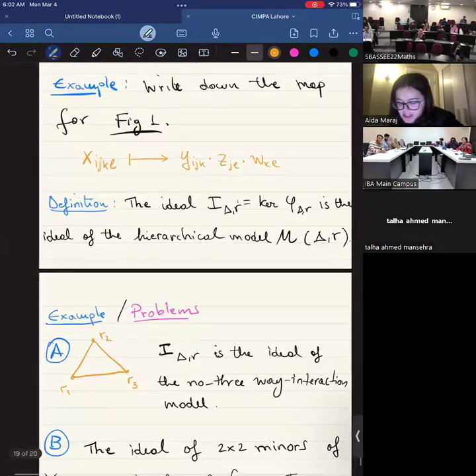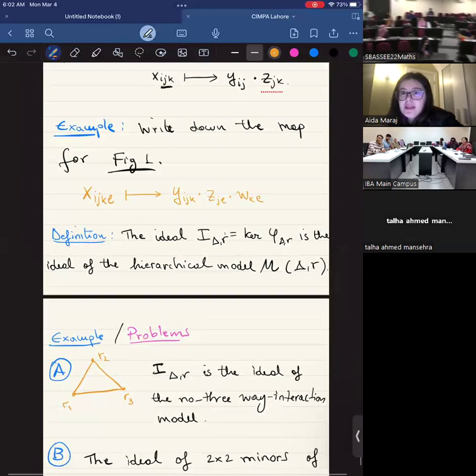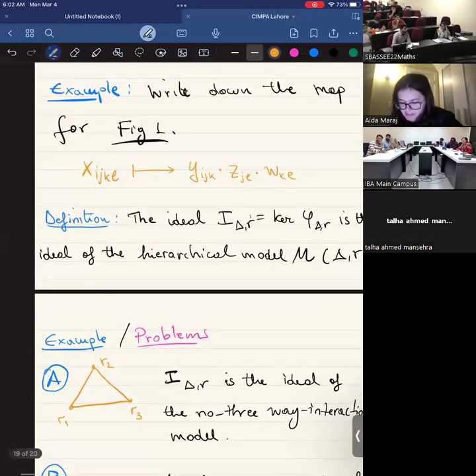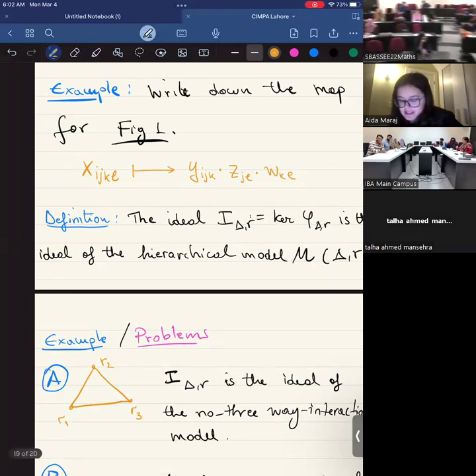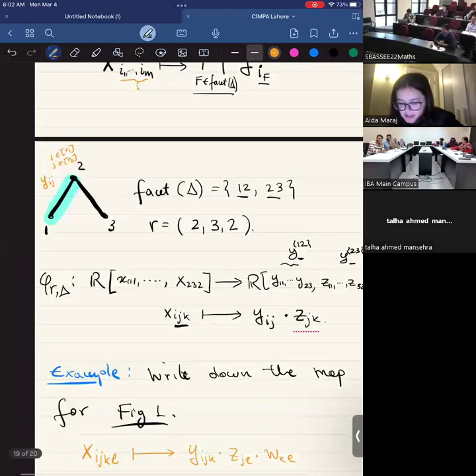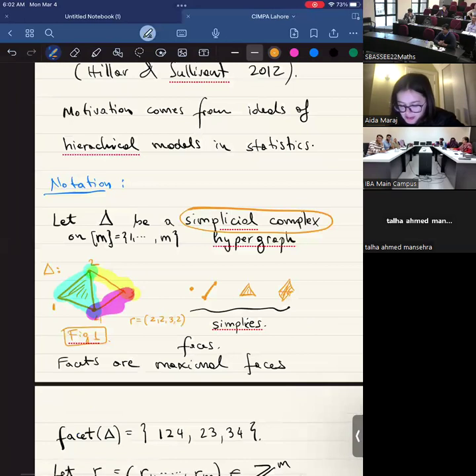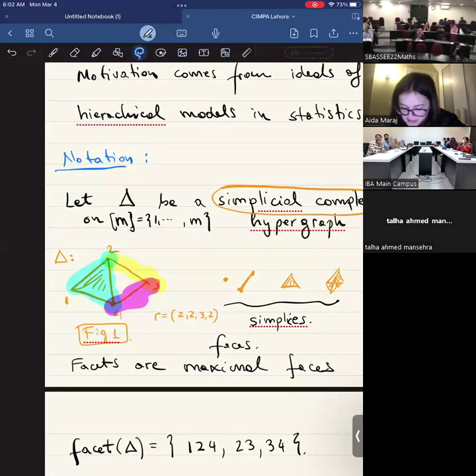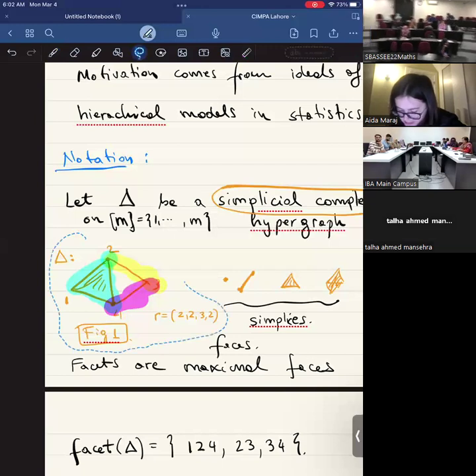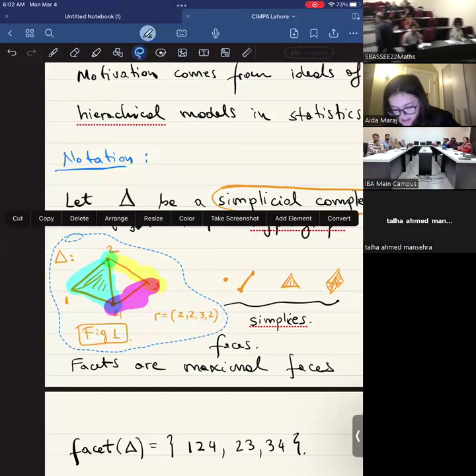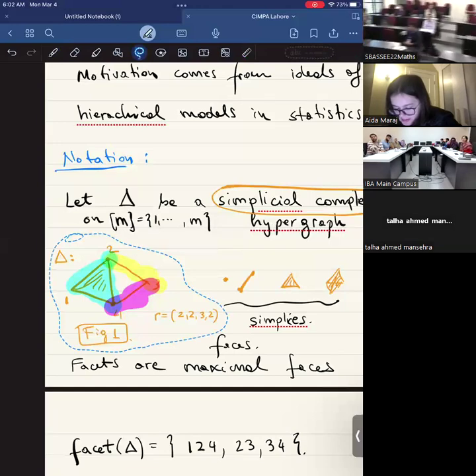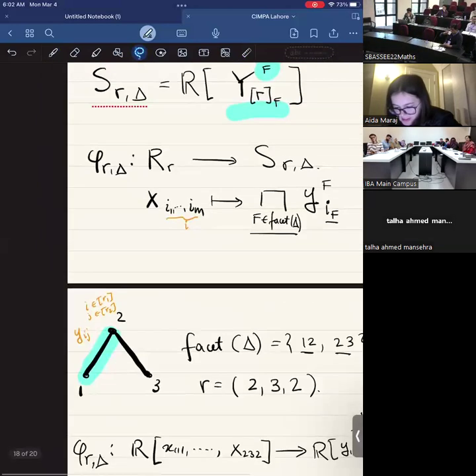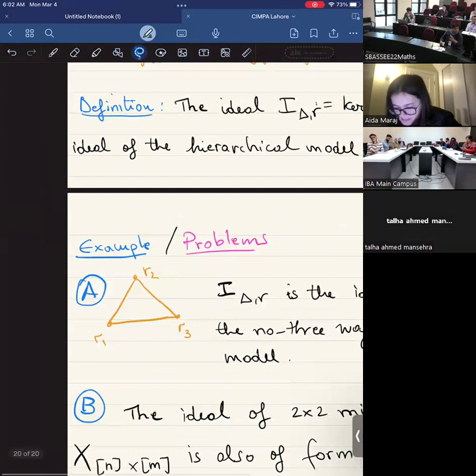So I gave you the map and I said, Aida, can you show the simplicial complex once again? Maybe I can just copy here. Yeah, so it's this one here. Okay, where are we? Facets.